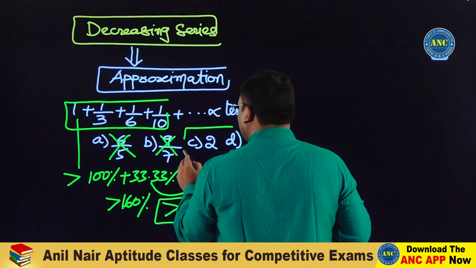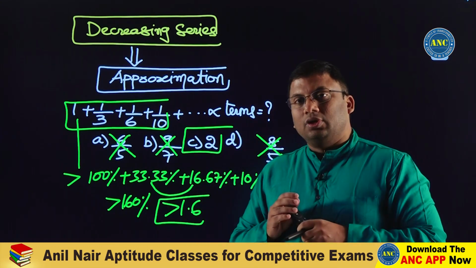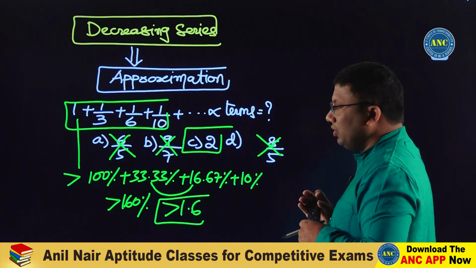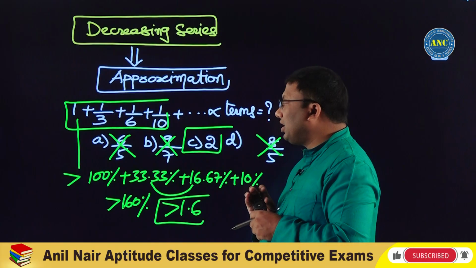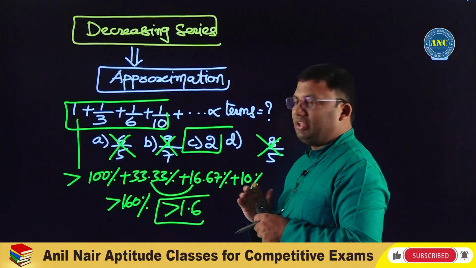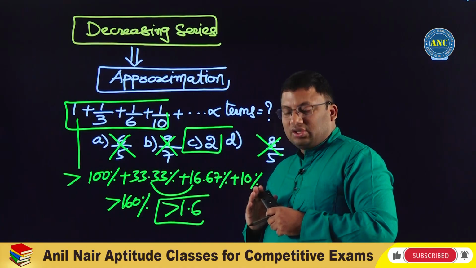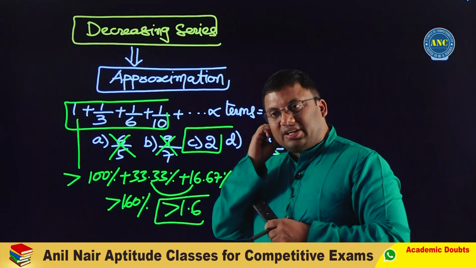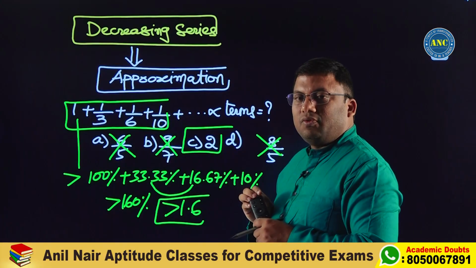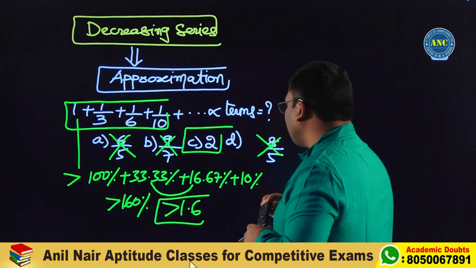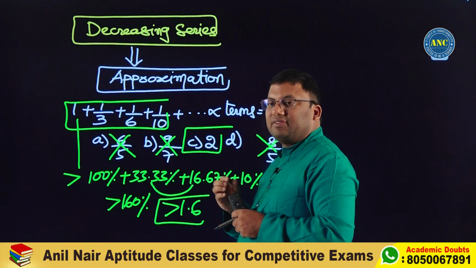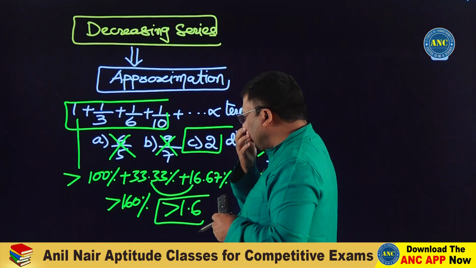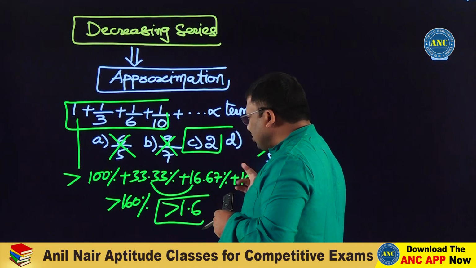Answer for this question is 2. 1 is 100%. 1 by 3 is 33.33%. 1 by 6 is 16.67%. 1 by 10 is 10%. 33.33 plus 16.67 is 50%. 50 plus 10 is 60.